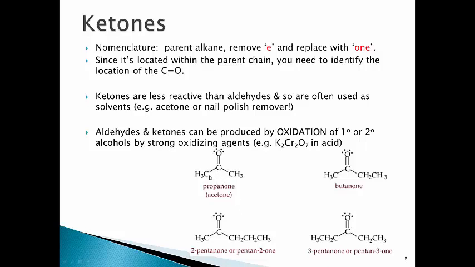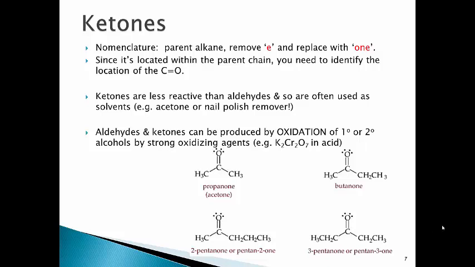If we look at these ones, because the ketone is on the second carbon, the number hasn't been written in, because it has to be on the second carbon if it's going to be the lowest number. You can see with the bottom two here, this one again, the second carbon isn't written in, so they could have written 2-butanone or butanone, it's implied. Here they've actually specified that it's 2-pentanone, and here we have 3-pentanone. So it's 1, 2, the third carbon's got your ketone, and 1, 2 has got your ketone here.